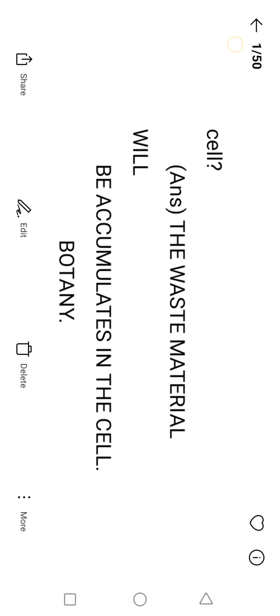Consequently, the cell would not function properly and would ultimately die. So we must have lysosomes in our human body, otherwise it is very complicated and the cells may die.